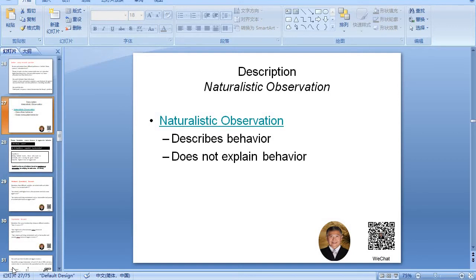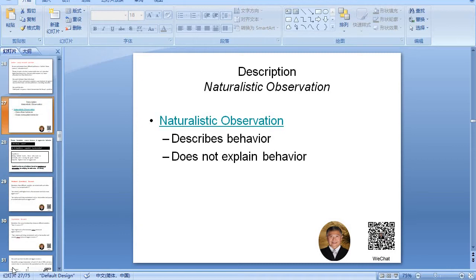We design a questionnaire and administer the questionnaire to large numbers of people. These are the two descriptive research methodologies we have covered so far. There's still another type of descriptive research we need to talk about. This type of research is called naturalistic observations.